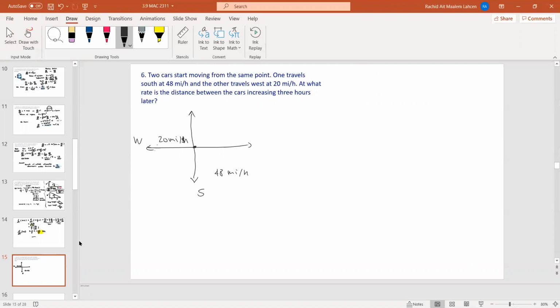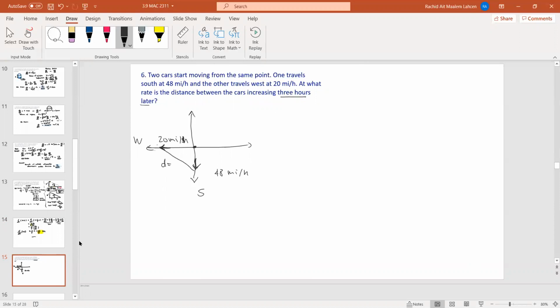All right. At what rate is the distance between the cars increasing 3 hours later? So this distance here. At what rate is the distance between these two cars increasing 3 hours later?